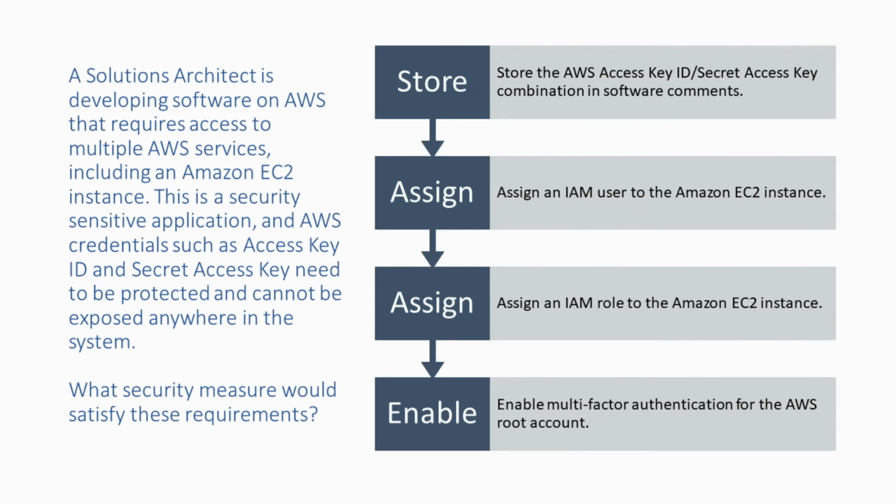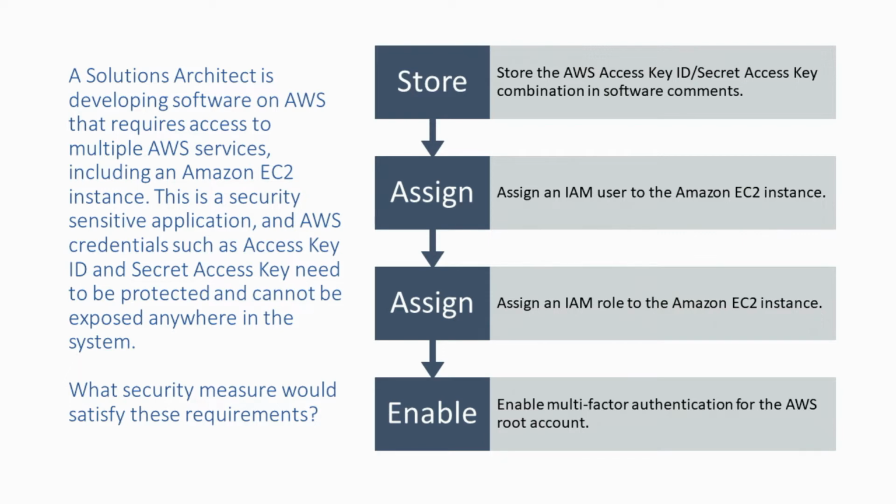A solutions architect is developing software on AWS that requires access to multiple AWS services, including an Amazon EC2 instance. This is a security-sensitive application, and AWS credentials such as Access Key ID and Secret Access Key need to be protected and cannot be exposed anywhere in the system. What security measure would satisfy these requirements?